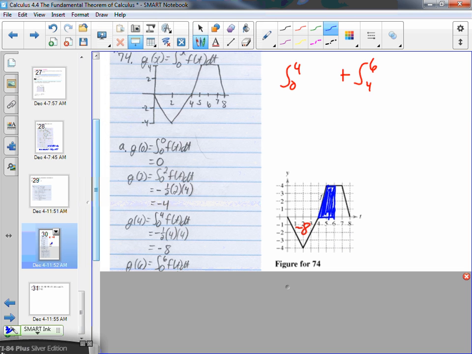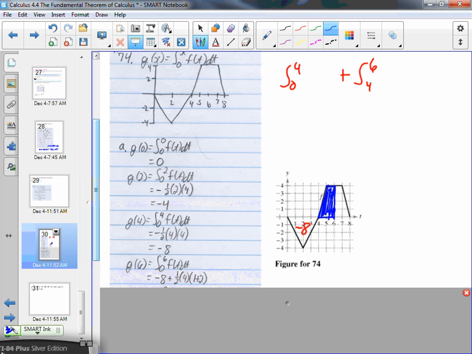that. Actually, it's not a triangle. It's a trapezoid. So we've got the integral from 0 to 4, that's negative 8, plus the integral from 4 to 6, which, since I'm treating it as a trapezoid, is 1/2 times the height times the sum of the bases. The bases are the parallel sides.